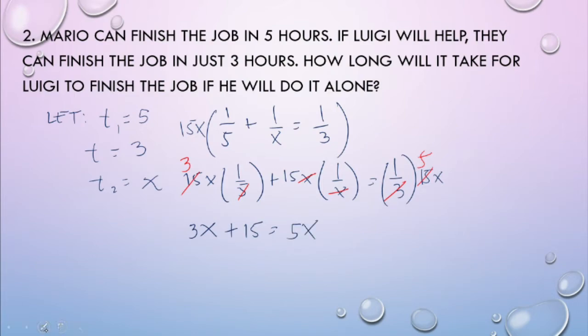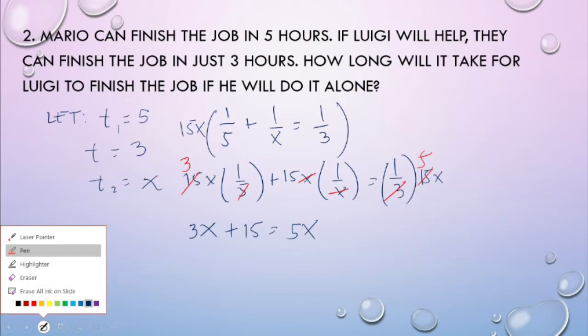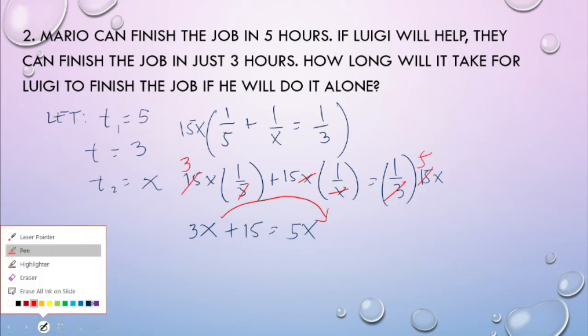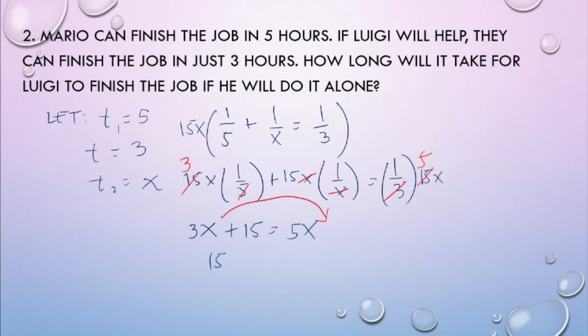Okay? So, this time, we can just move 3x on the right side, then apply the additive inverse. Okay? So, this will become 15 equals 5x minus 3x. Then, simplify lang. 15 equals 5x minus 3x is 2x.